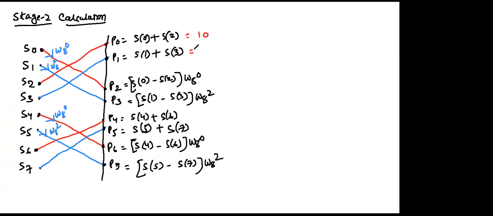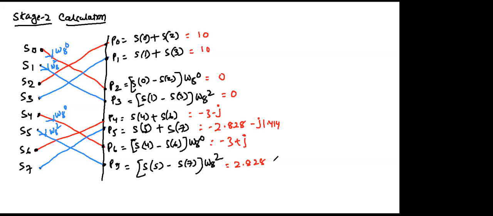It is 10, 10, 0, 0, then minus 3 minus j, minus 2.828 minus j 1.414, minus 3 plus j, 2.828 minus j 1.414.